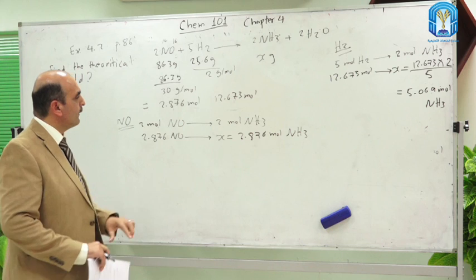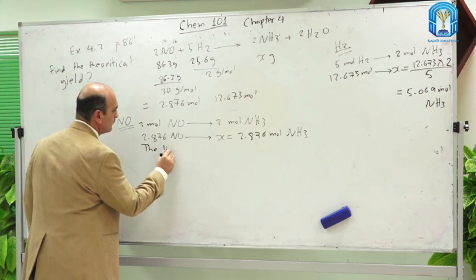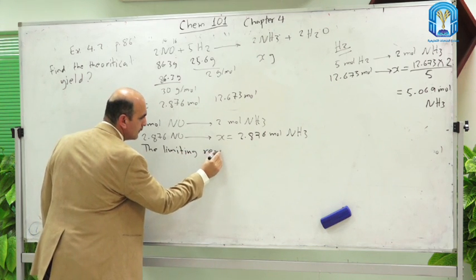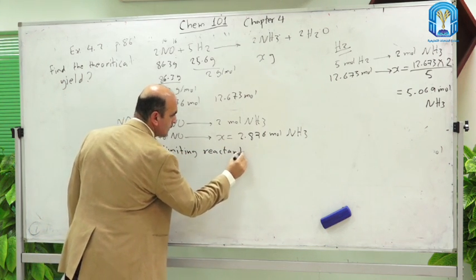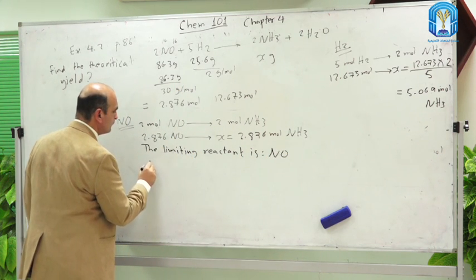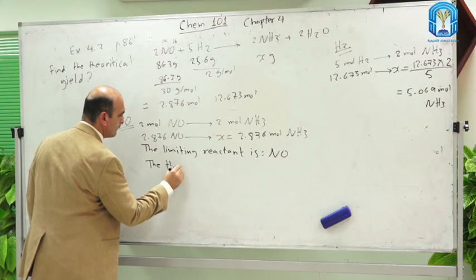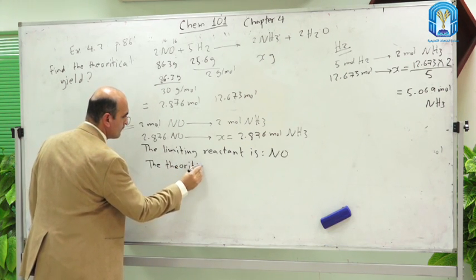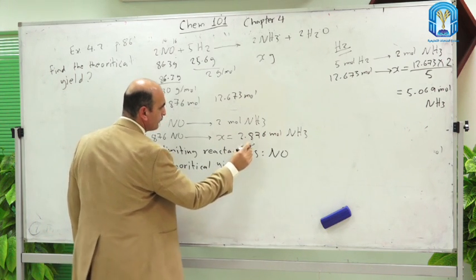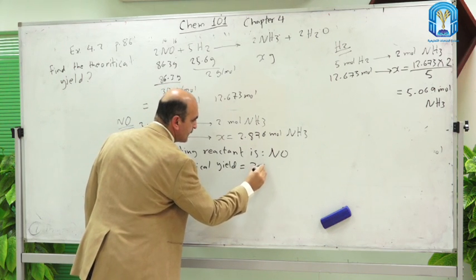So the limiting reactant is nitrogen monoxide, and the theoretical yield will be 2.876 mole of ammonia.